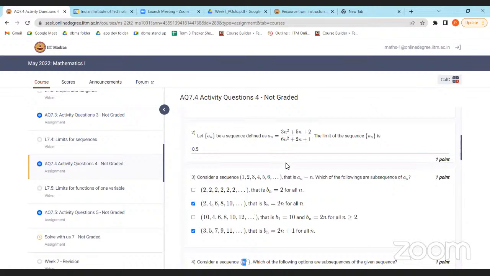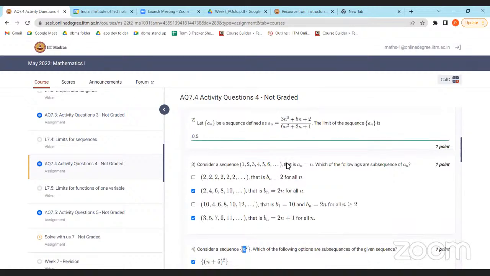Can you explain the second part of the options, like bn and b1 equals 10, that part? This one, right? This particular sequence is given for this particular term. b1 equals 10 here, and then bn equals 2n for all n greater than or equal to 2.